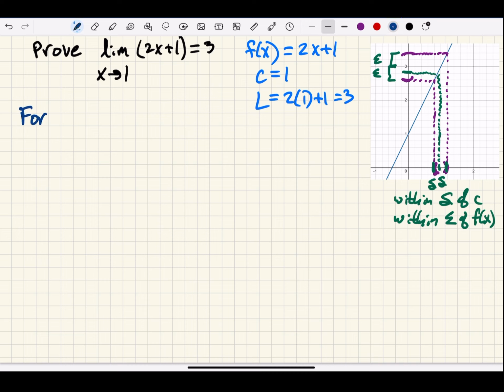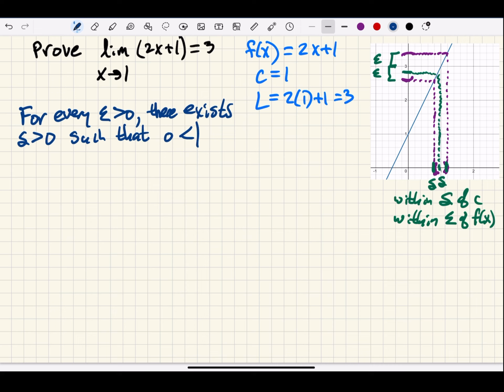What we have to do is show that for every epsilon greater than 0, there exists a delta greater than 0 such that 0 less than the absolute value of x minus c less than delta implies that the absolute value of f of x minus L is less than epsilon.